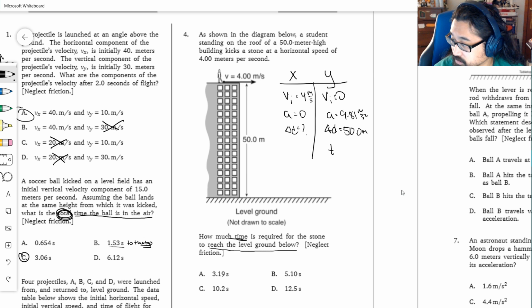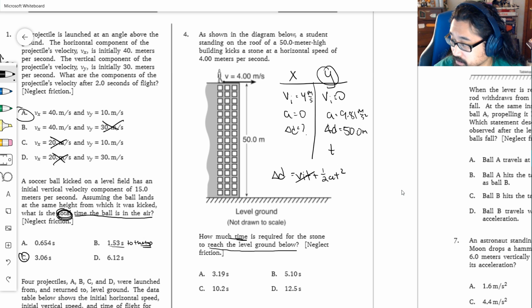So I'm looking for this time because we're doing how far it is falling, which means change in distance is, oh goodness. All right, let's do this right. Change in distance is ViT plus 1/2 AT squared. Because Vi is 0, that goes away, so I'm just doing this.